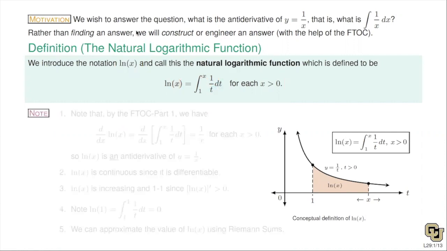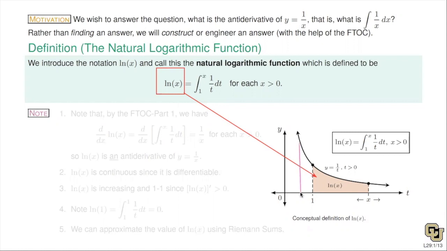Here, the natural log has a geometric interpretation. So when we see ln of x, it's not just some random function. It represents this area. The ln of x will represent the area between 1 and x, under the function 1 over t. Now, I do want to point out that it is possible for the natural log of x to be negative.